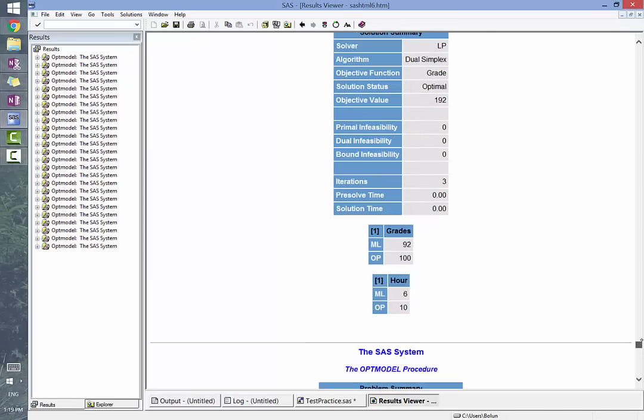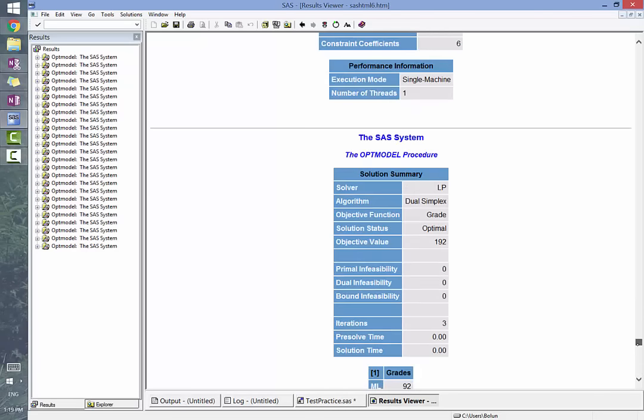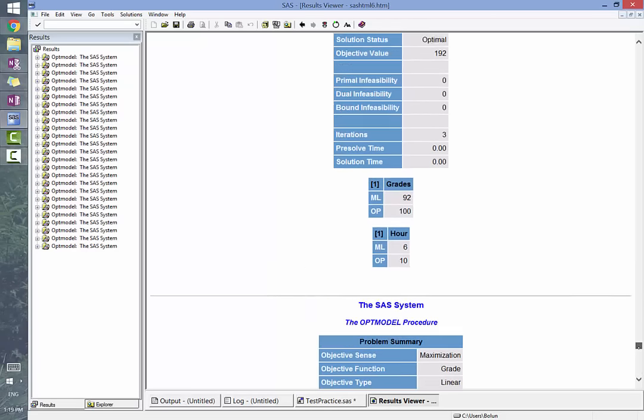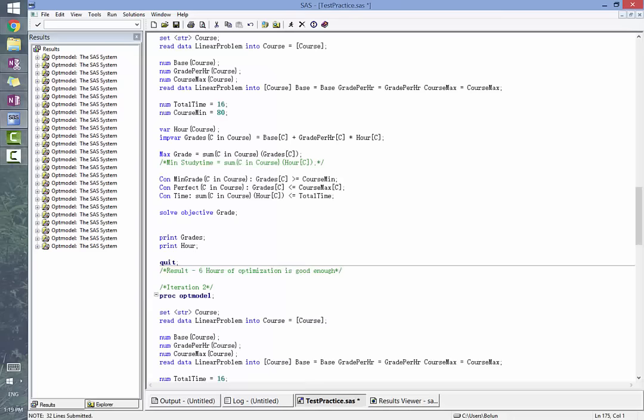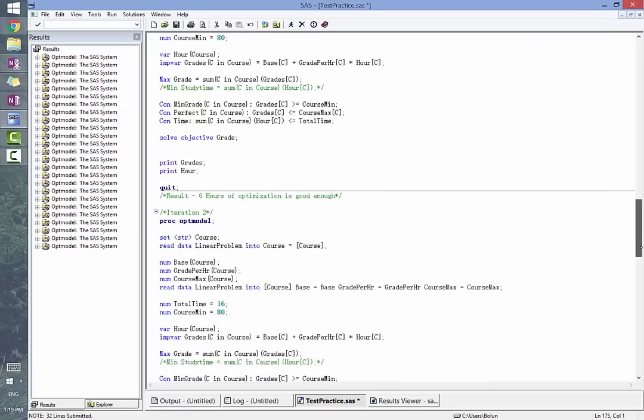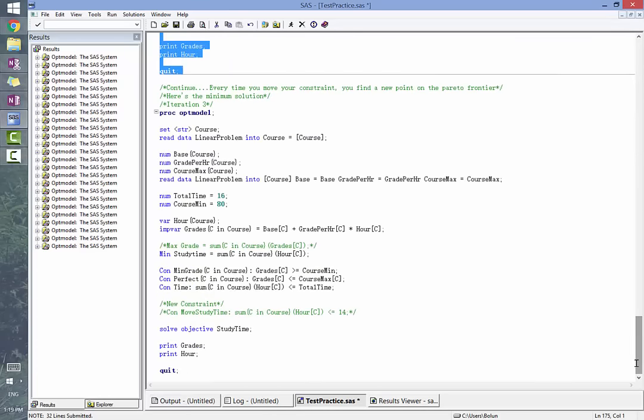Now, the two most important points we want to find are the first one that we already saw, let's look from the result pane, the maximum grades for maximum hours. And now we want to find the minimum point that satisfies our constraint. This is when we start to utilize that objective we kind of graded out.